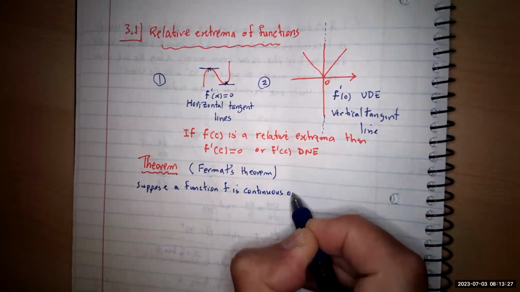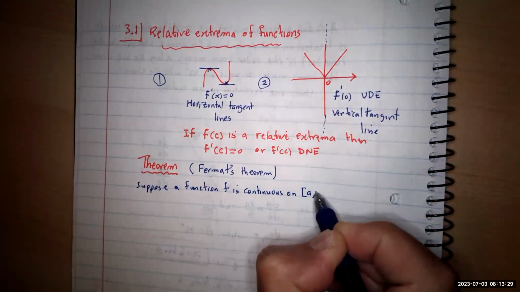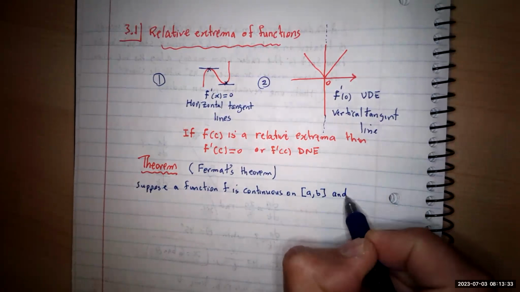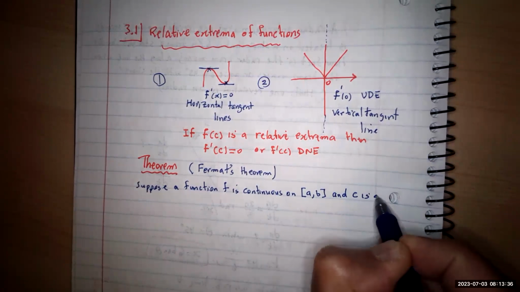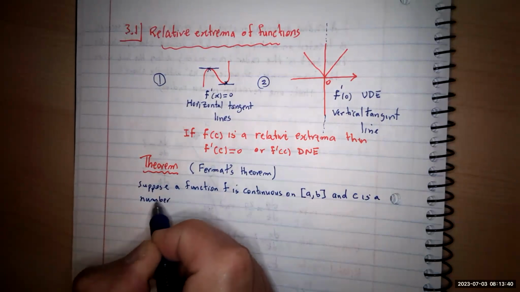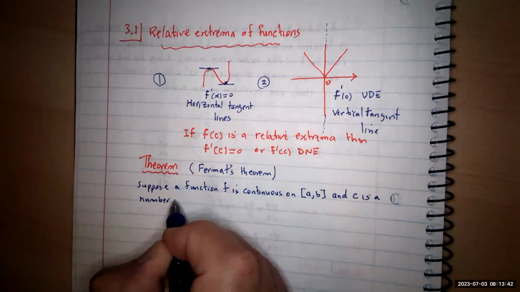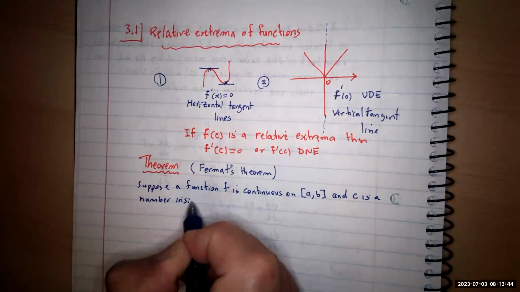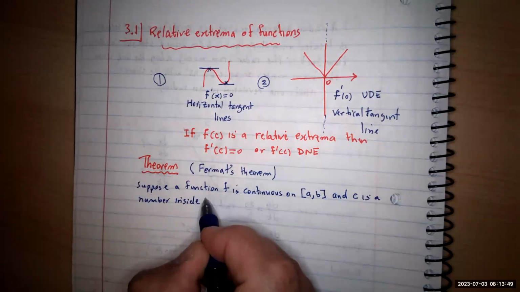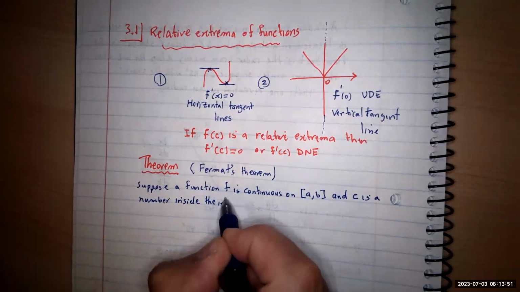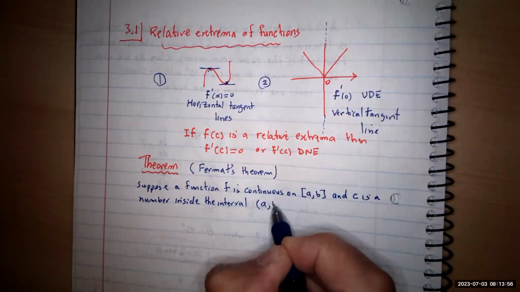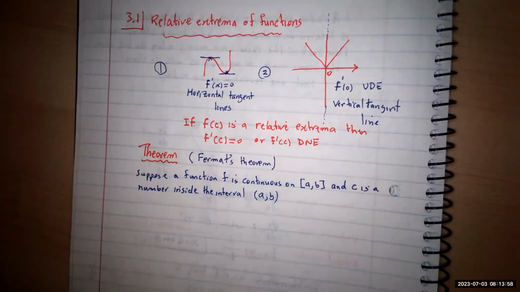Continuous on a closed interval [a, b], and c is a number inside this interval. Inside we mean it cannot be at the endpoints.